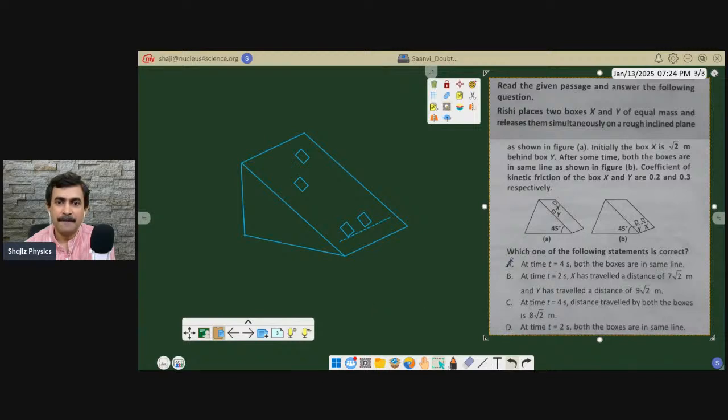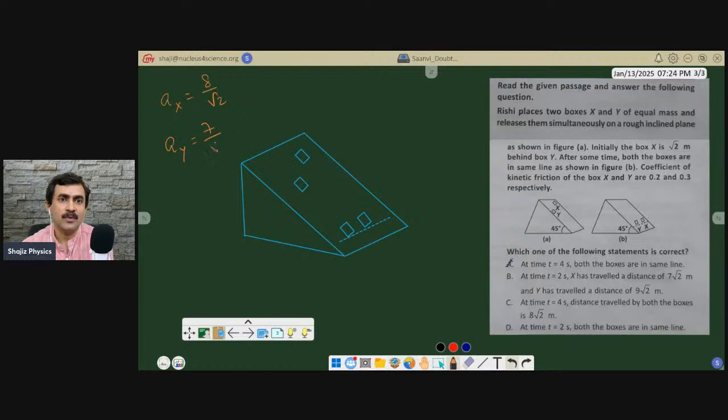Now again, I wanted to write the data we obtained from the previous slide. That is, acceleration of x is equal to 8 by root 2 and acceleration of y is equal to 7 by root 2.